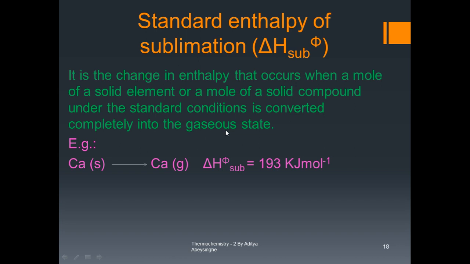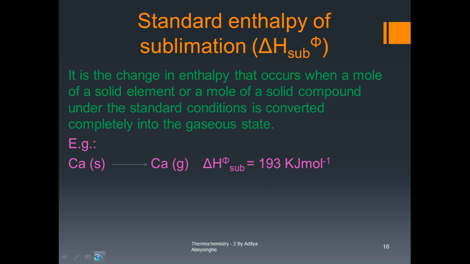For example, calcium in its solid state is converted into calcium in its gaseous state, and the energy required is always positive because we have to give energy to perform such a reaction.